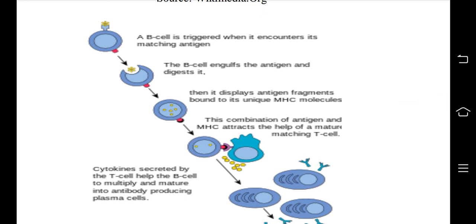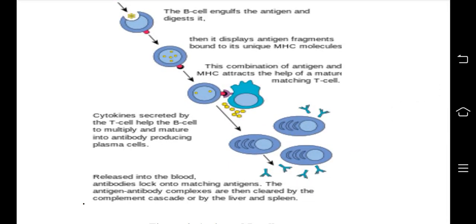A B cell is triggered when it encounters its matching antigen. The B cell engulfs the antigen and digests it. Then it displays antigen fragments bound to its unique MHC molecules. This combination of antigen and MHC attracts the help of a mature matching T cell.